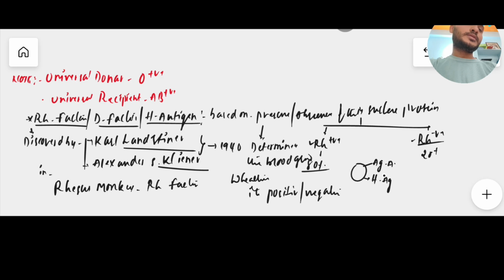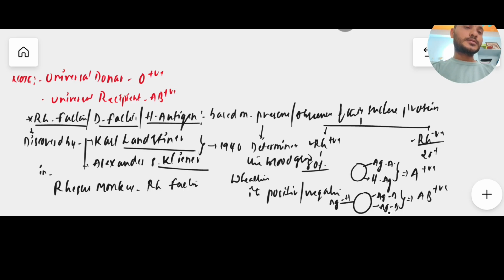If these two antigens are present on the surface of the plasma membrane of RBC, this type of blood group is called A positive blood group. And one more important, if RBC has antigen A and also antigen B and also antigen H, then this type of blood is called AB positive blood group.